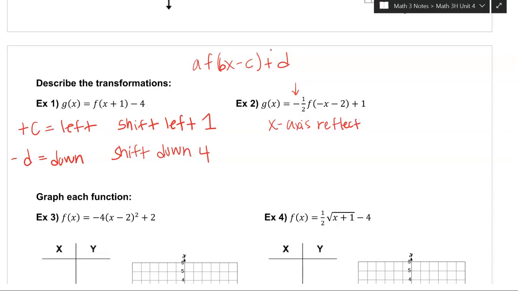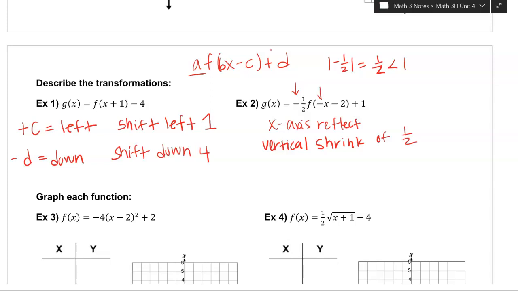And then our 1/2 is our a value, and it's less than 1 because the absolute value of negative 1/2 is 1/2, and that is less than 1. And it's greater than 0 as well. So that means it's a shrink. So vertical, because it's on the outside, shrink of 1/2.